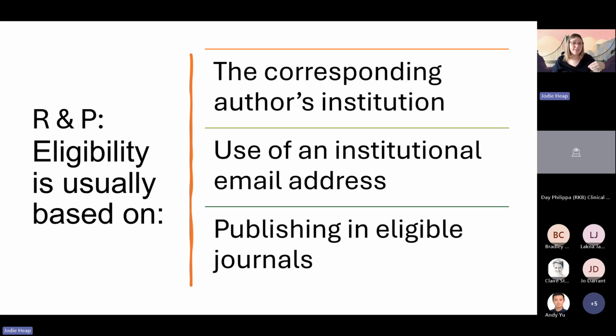There are a few requirements to meet the contractual needs for the read and publish deal, which is that it has to be the corresponding author's institution, so you have to be at Keele. You need an institutional Keele email, and it needs to be in one of the listed offered journals.